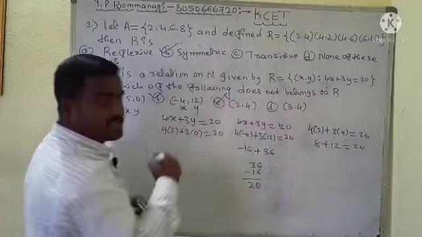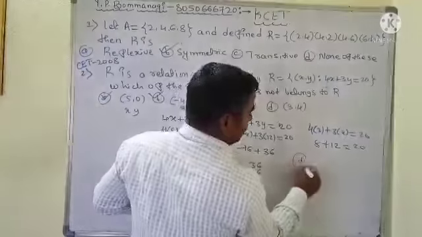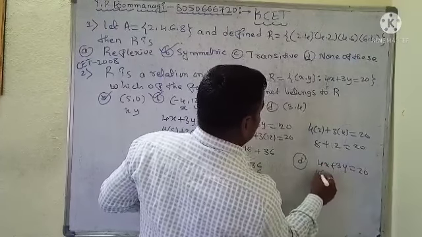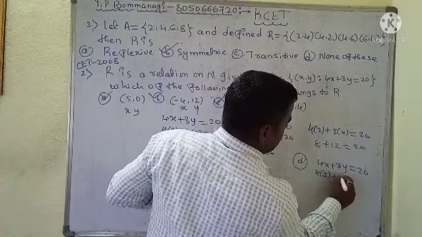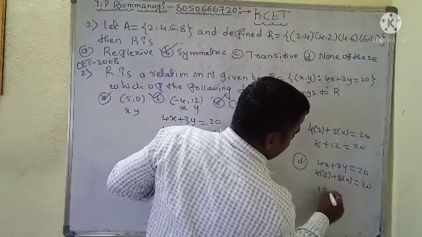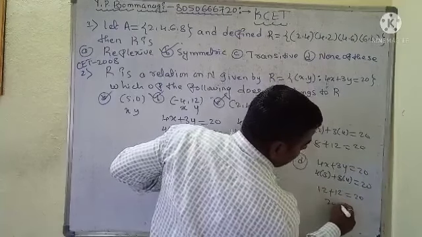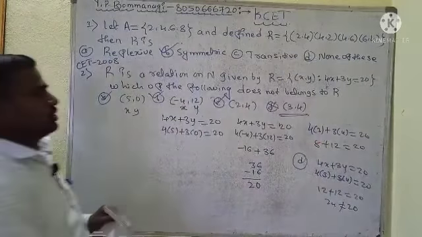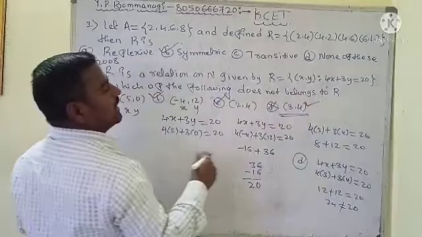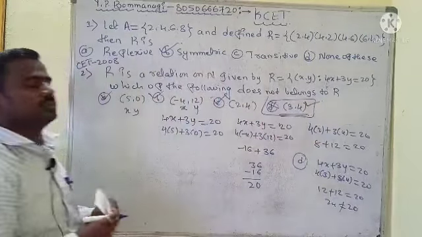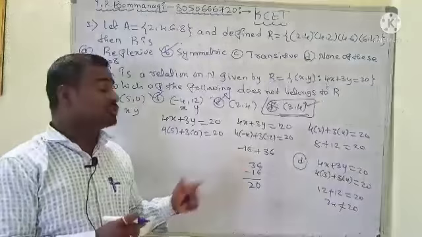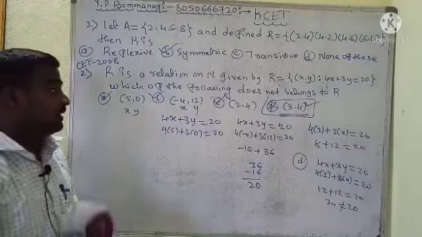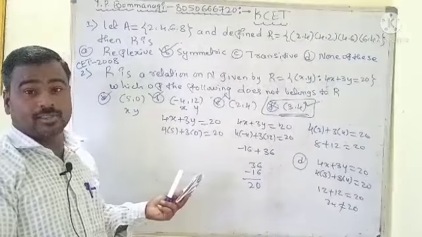So this one does not belong to R. Keep it like this; that is how they find the values within minutes. You can check by substitution and verify the point.